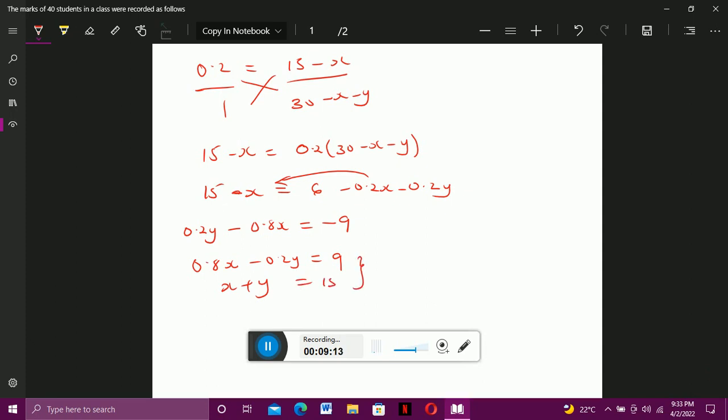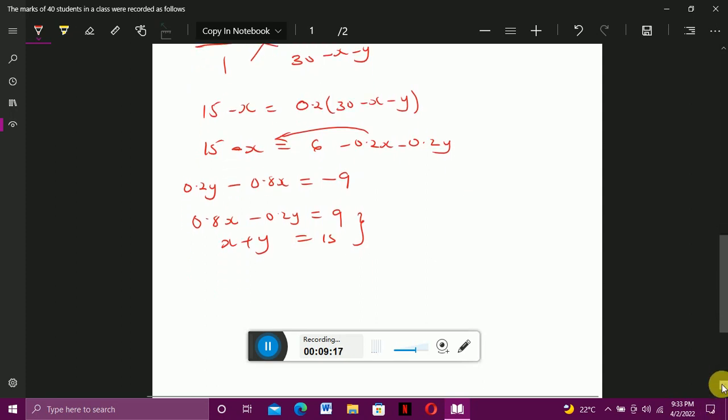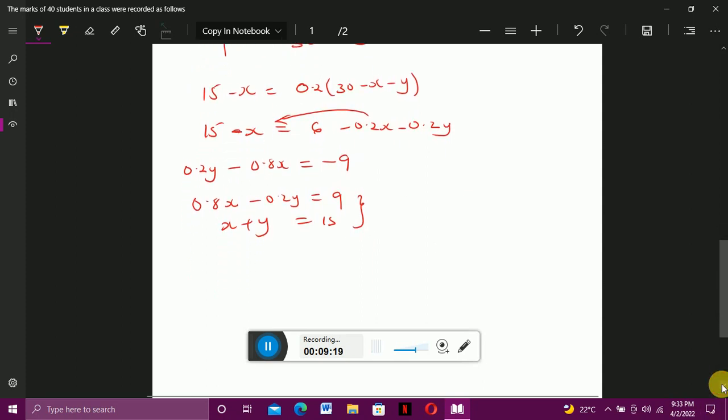So solving this simultaneously, we can multiply by 10 and get 8x minus 2y is equal to 90. And if we multiply the second equation by 8, we'll have 8x plus 8y is equal to 120. And we can do the subtraction upwards.